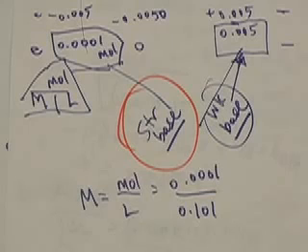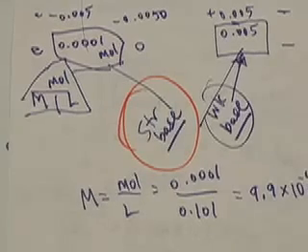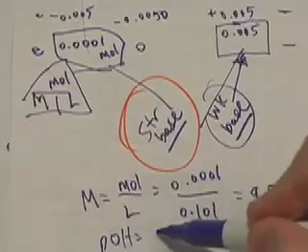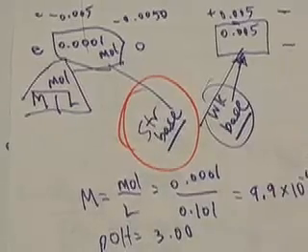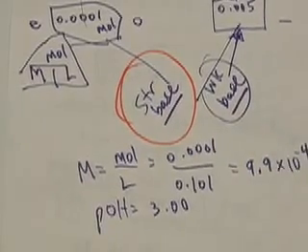So 0.0001 divided by 0.101 turns out to be 9.9 times 10 to the negative fourth, and take the negative logarithm of that to find the pOH, because remember that is the OH minus ion concentration, and so you end up with a pOH equaling 3.00 approximately, pretty darn close to that, 9.9 being close, of course, to 1 times 10 to the negative third. Subtract that from 14, and then you end up with a pH equal to about 11.